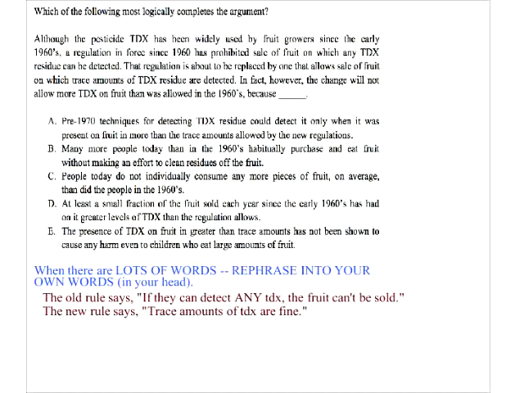What are we doing? What are we trying to weaken? Like what claim, text box please, what claim are we actually trying to argue against here? The argument says, however, the change will not allow more TDX to be on fruit.